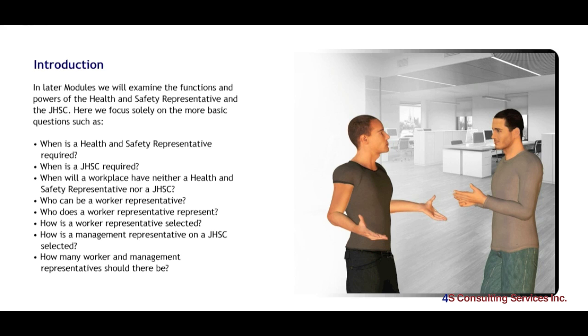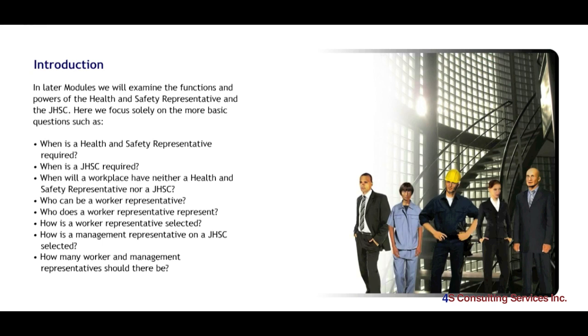When will a workplace have neither a Health and Safety Representative nor a JHSC? Who can be a worker representative? Who does a worker representative represent? How is a worker representative selected? How is a management representative on a JHSC selected? How many worker and management representatives should there be?